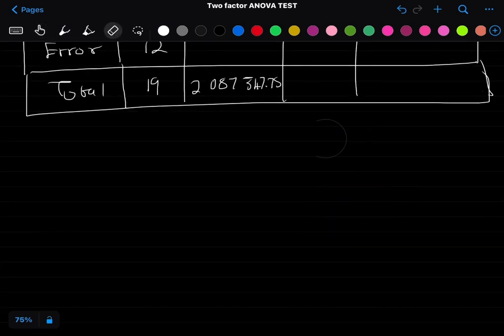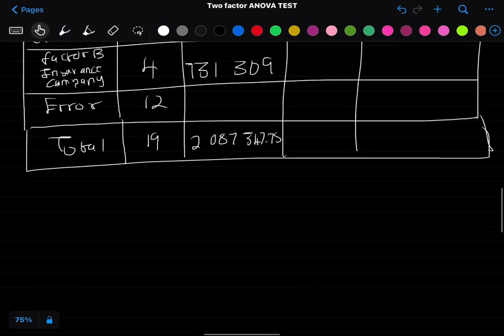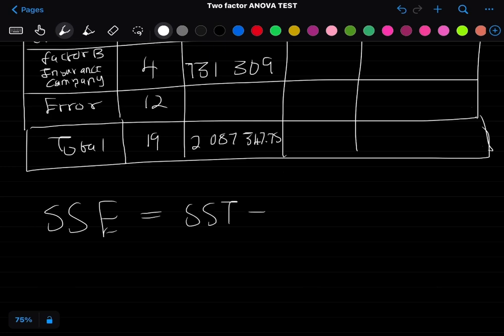Okay, so now let's find our sum of squares of the error. So this will be SST minus SSA minus SSB.